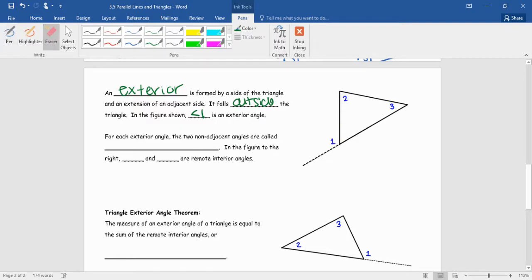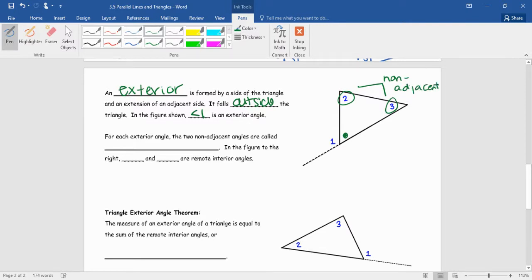Okay. For each exterior angle, the two, and then it says non-adjacent. This is just the fancy word for the two angles not next to it. So this guy right here that I'm putting a little circle in, that would be the angle that is adjacent to angle 1. So then these other two, 2 and 3, are the non-adjacent angles because they're not right next to it.